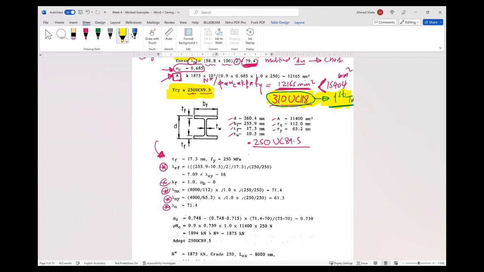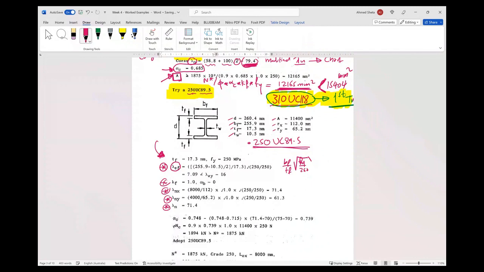Okay. So for the second trial, for this member 250, we have to find the member capacity. So we will find lambda EF, which is again B flange over T flange, root F yield over 250.